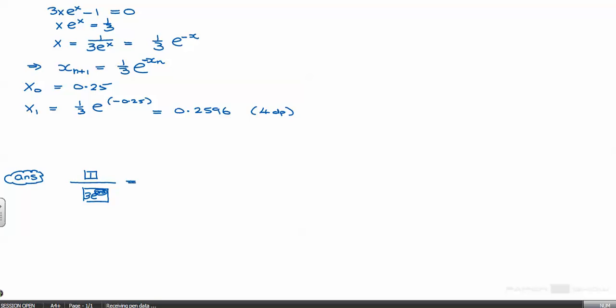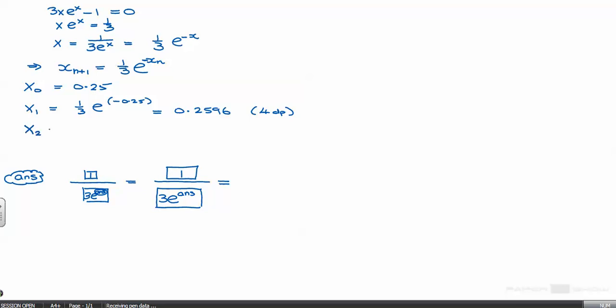And if I write that a little bit bigger so we can see, so 1 at the top, and at the bottom 3 e to the power minus ANS. And then press the equals button, and that should come out as 0.2571 to 4 decimal places.